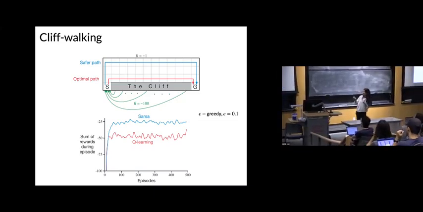Okay, those experiences that you're collecting with the epsilon greedy policy, how well they're doing. And what I see is that SARSA is doing better. The trajectories of SARSA have what? Higher rewards, which means they fall less on the cliff. Why is this the case? Yes?